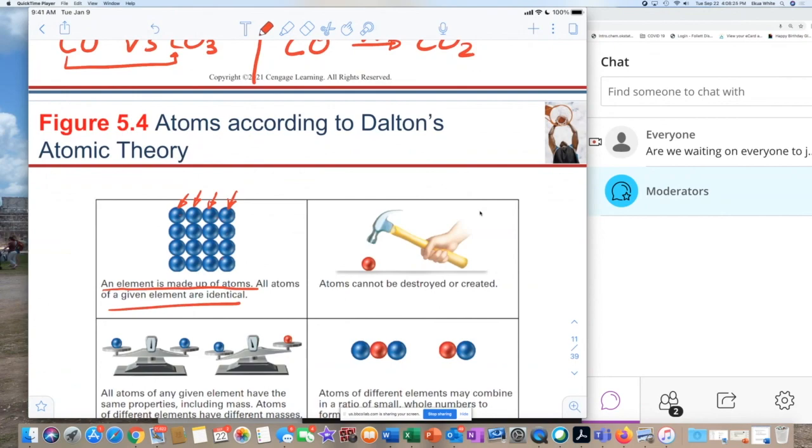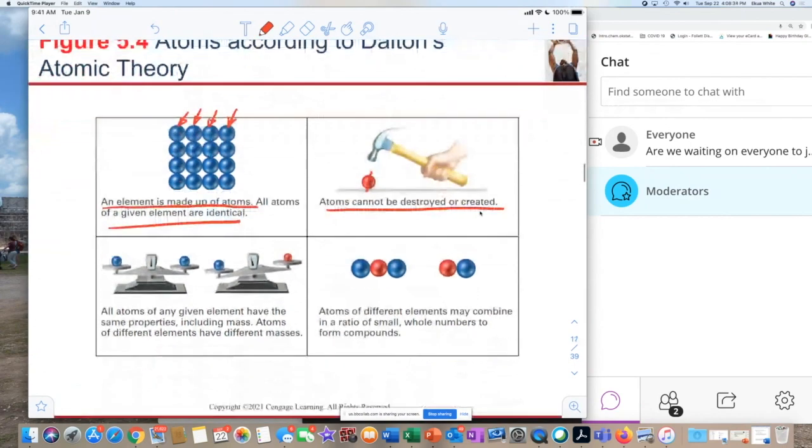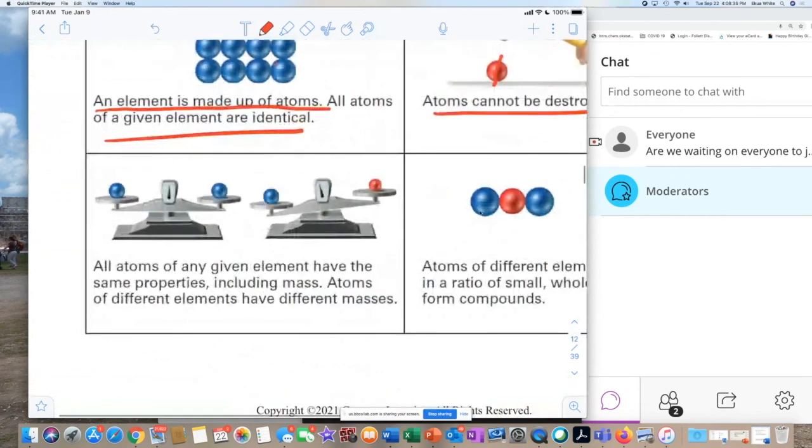Okay? Then he said, you cannot destroy the atom or create it. He said, you can't even break apart the atom to figure out what's inside. And then he also said, atoms of the same element have the same weight. But if you compare atoms of different elements, one is going to be heavier than the other.